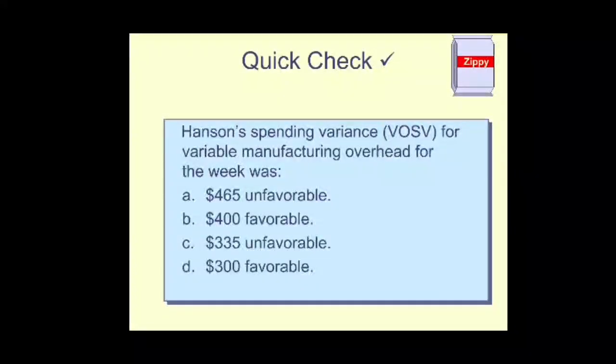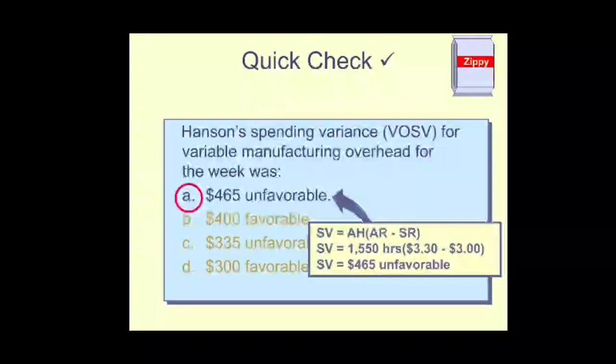The question asks you to calculate Hansen's spending variance for variable manufacturing overhead for the week. So if a question asks you to calculate the overhead spending variance, then you use this formula: actual hours times (actual rate minus standard rate).